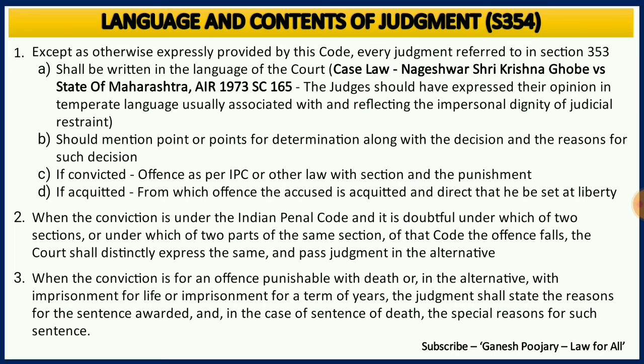If he is convicted, the offense as per IPC or other law, which section, should be mentioned, and the punishment should also be very clearly mentioned. And if he is acquitted, then there should be a clear statement of which offense the accused is acquitted from and a direction that he be set at liberty. All these points need to be mentioned as required in the judgment. Sometimes what happens while writing the judgment, there will be confusion.